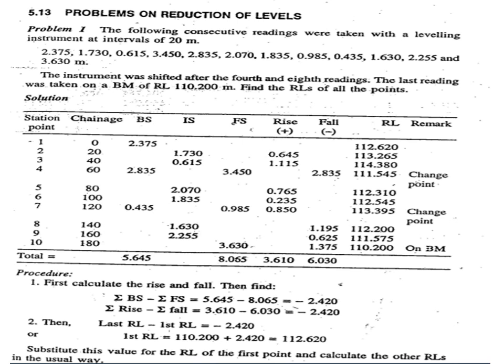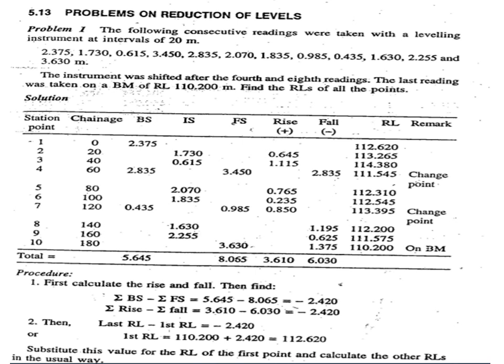In the remark column you enter change point, and then you can calculate the rise and fall. Whenever you calculate the rise and fall, you consider the difference between the first and second readings.